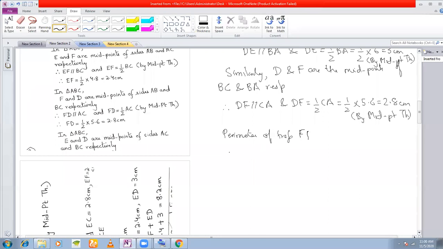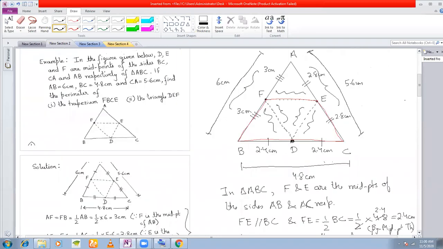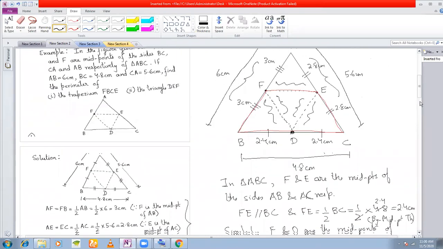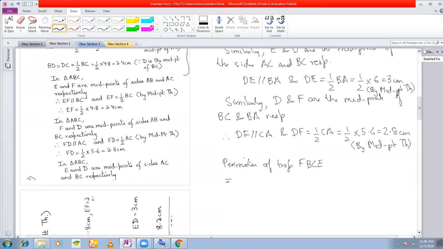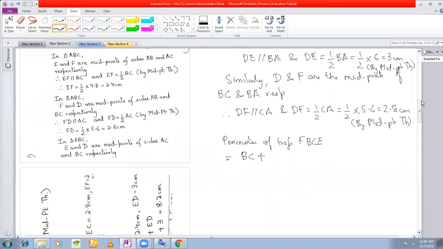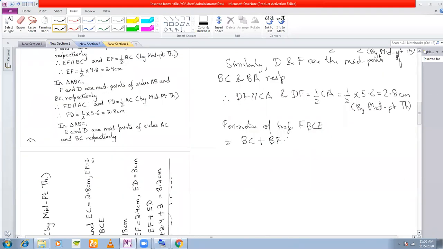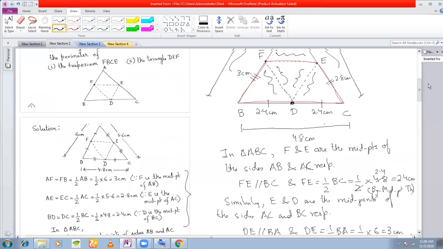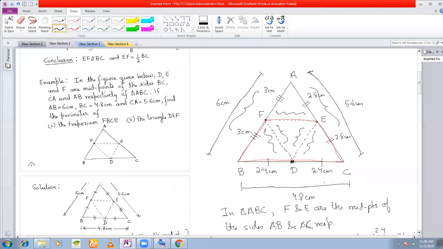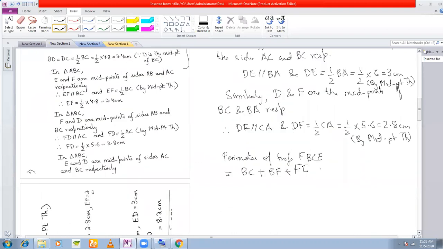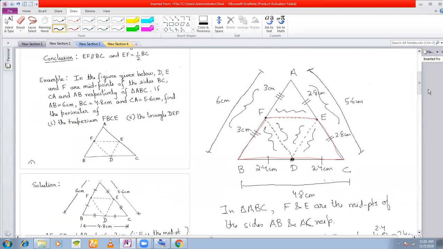What is the perimeter? First length is BC. So you write BC plus BF, the next length, plus FE, and what is the next length? EC.